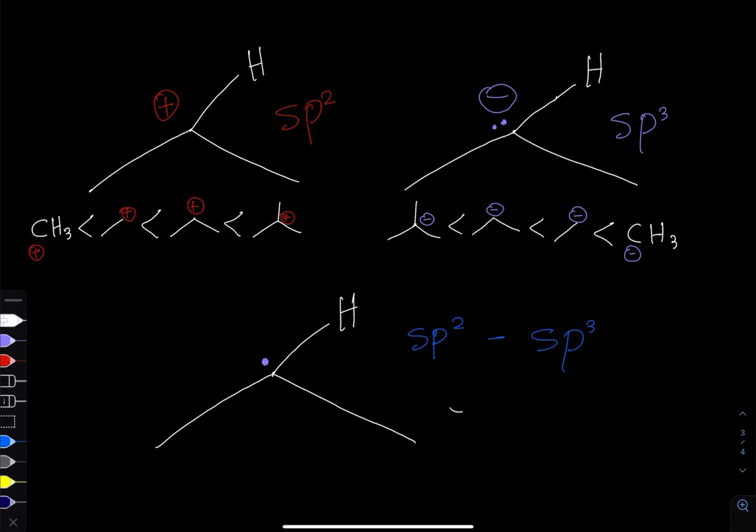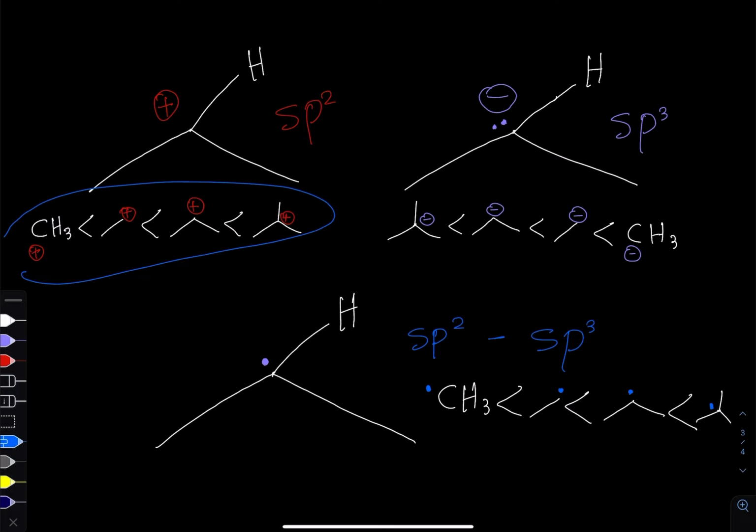So if I have a methyl radical, it's going to be less stable than a primary carbon radical, than a secondary carbon radical, and the most stable one would be a tertiary carbon radical. So the trend is like that of the carbocations.